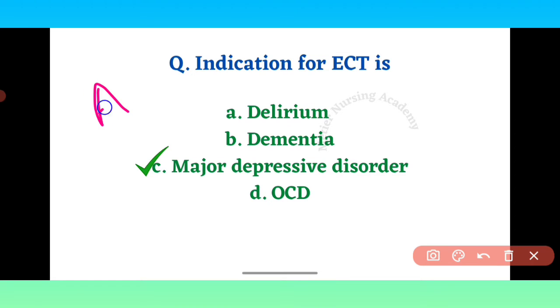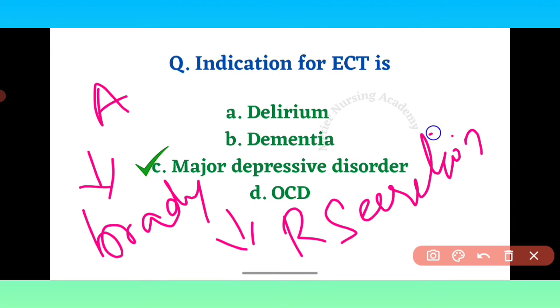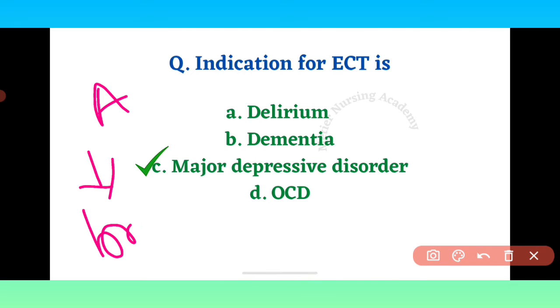The atropine will prevent the bradycardia, because we are using a muscle relaxant and anesthetic agent. There is a chance for bradycardia if there is a history for the patient. And it also decreases the secretions in the respiratory tract. That's why we are using atropine for the patient during ECT.